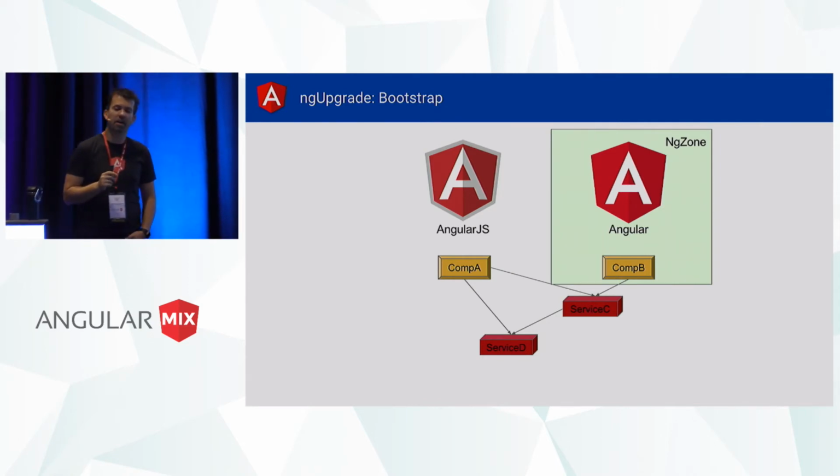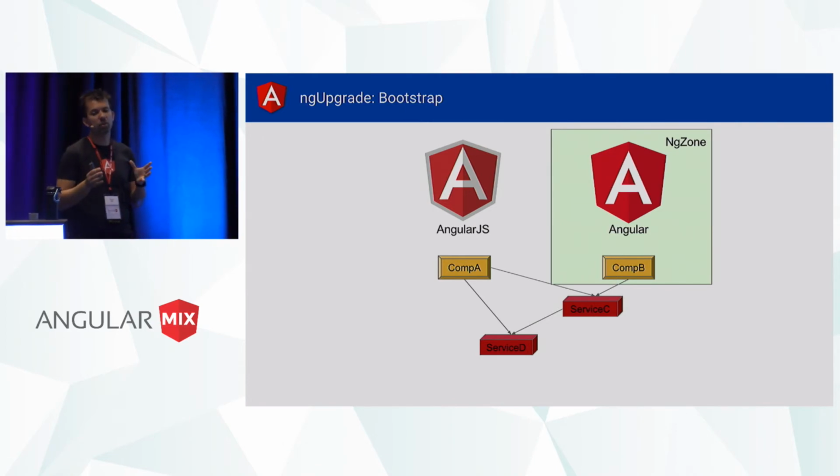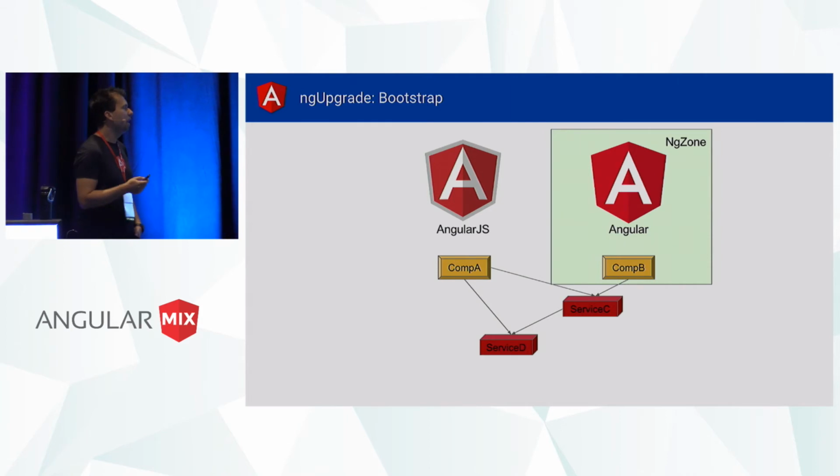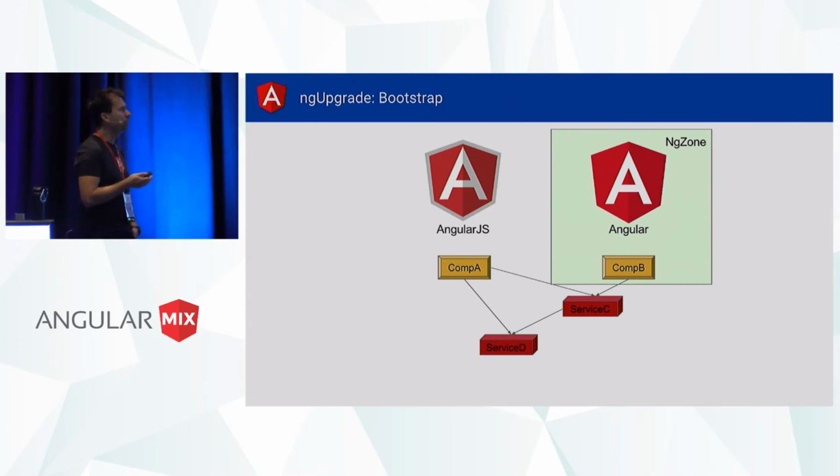You have the advantage that the change detection only runs whenever something inside of component B changes. But because component B refers to services C and D, these two components may or may not be running inside of the zone, depending on whether they got invoked from component A or component B. And this could be troublesome depending on what the components do themselves.